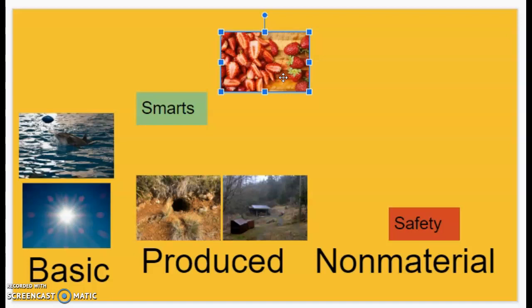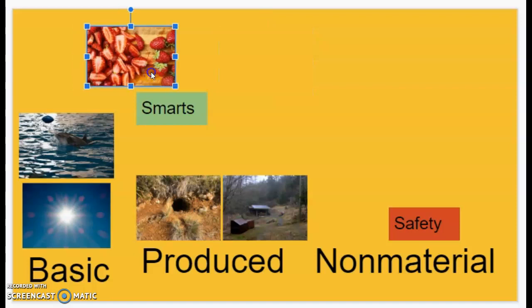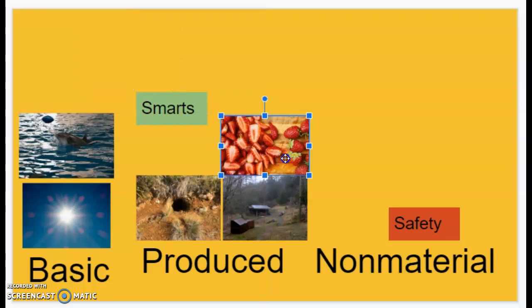Well, obviously, it's not non-material because you can hold food in your hand, it's physical, you can touch it. We've had a lot of debate about if it's basic or a produced need. Food is actually usually counted as a produced need. Most people count it as a basic need because you can just go outside and maybe pick an orange. An animal could go outside and eat grass. But the part of the food that you actually need for your energy is made by plants.